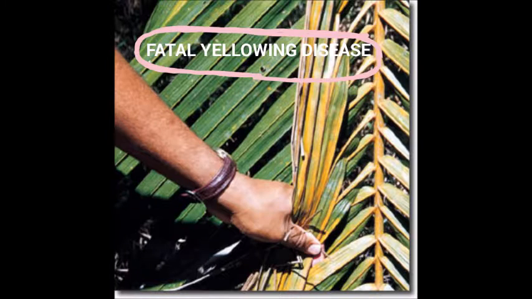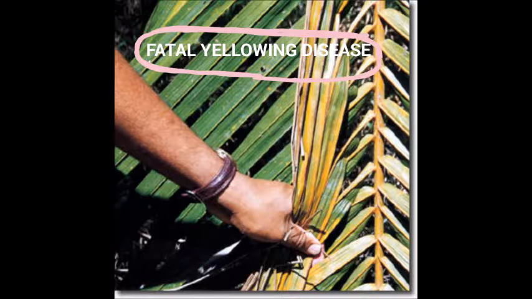Okay, next, the fourth disease that I would like to tell is fatal yellowing disease. Fatal yellowing disease is sometimes known as heart rot disease, and we know that heart rot disease happens in coconut palm, date palm, and so on.